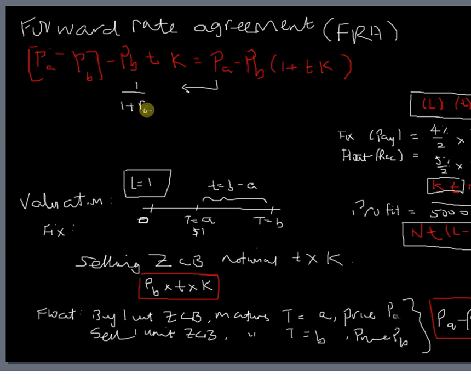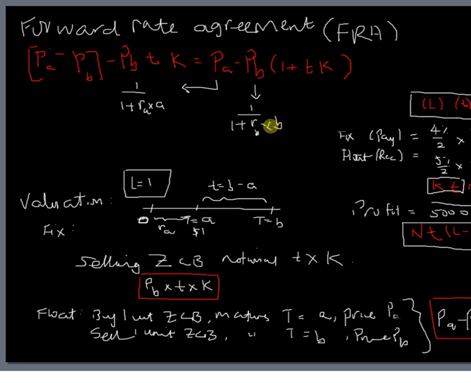We can easily convert this into an interest rate format: PA is simply equal to 1 over 1 plus RA, where RA is the rate for this period, expressed in annual terms, so we have to multiply by A. Assuming this is 3 months, this is R multiplied by 3 over 12.